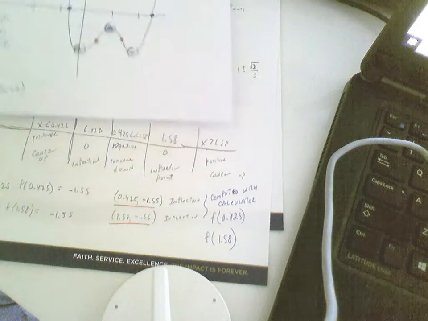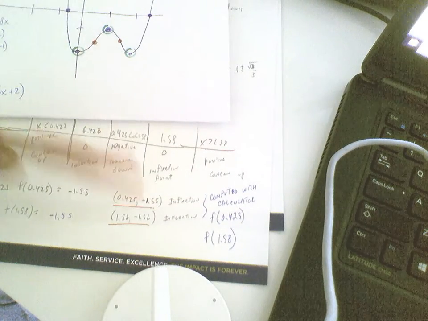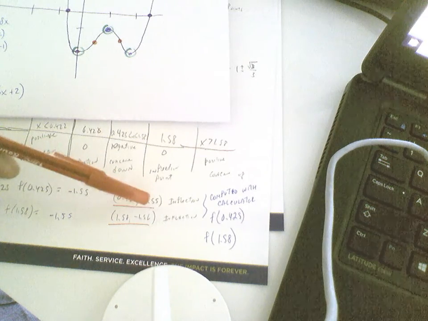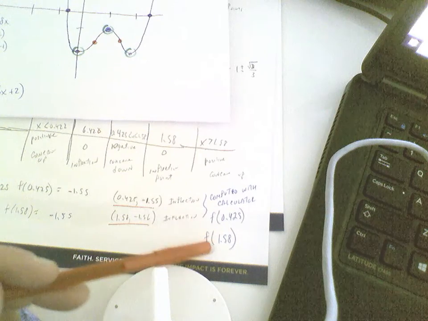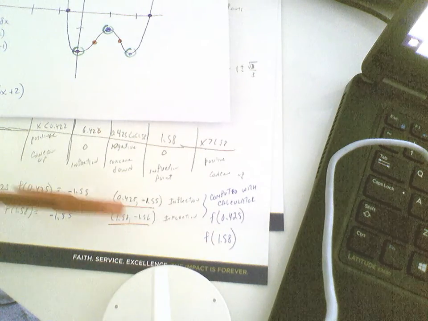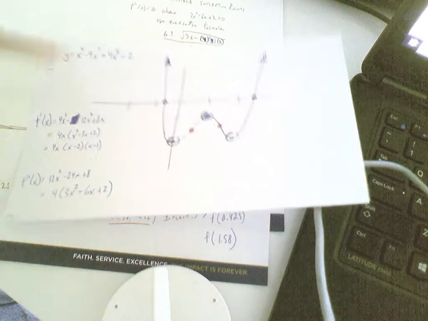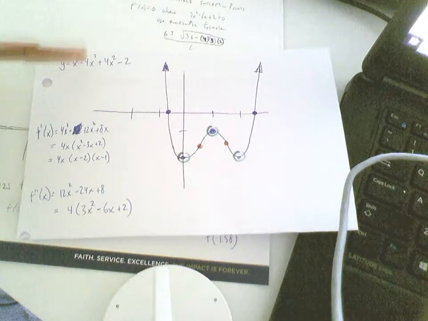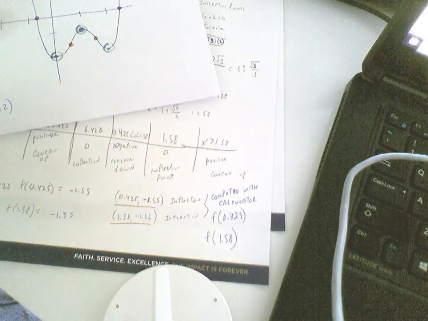I'm going to evaluate f of 0.425. And when I do that, I get a value on the calculator right around negative 1.55. And when I evaluate the function at 1.58, again, remember, what am I evaluating? Our original function. I'll come back with a value of about negative 1.56.